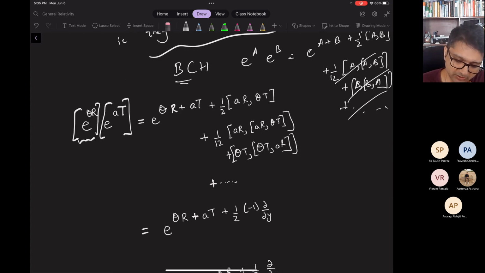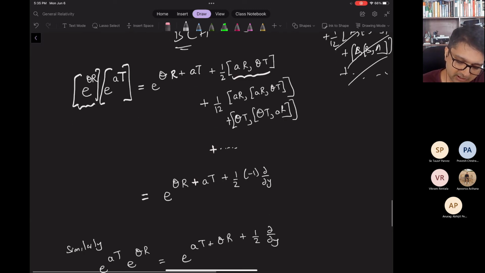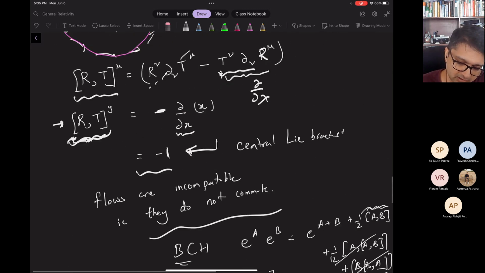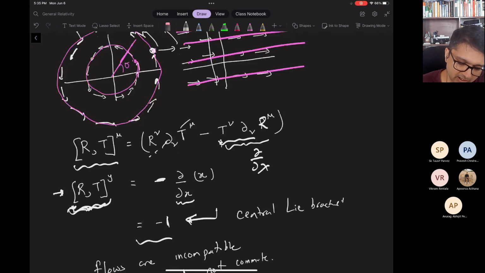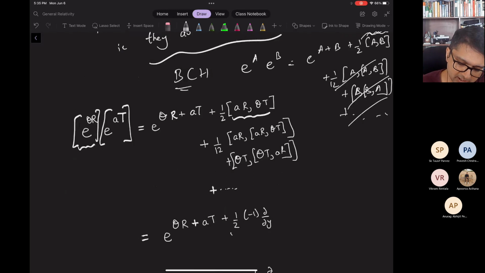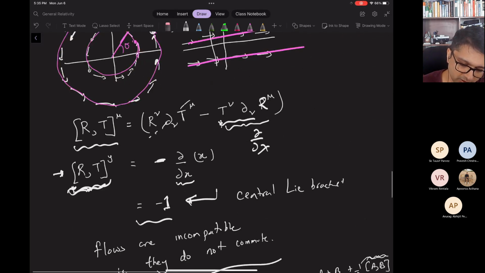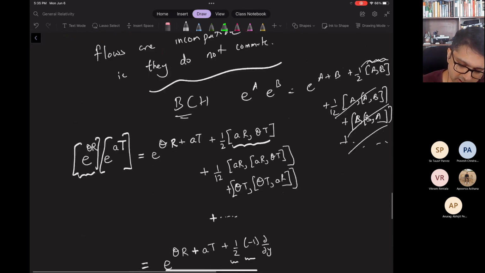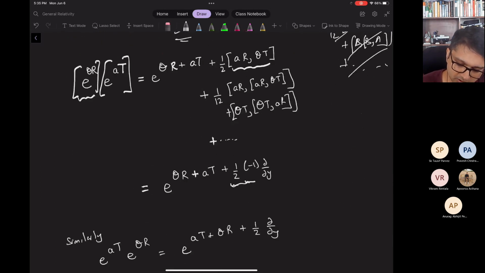So in this case, this is in the center. So A R comma theta t would just be, I'll pull out the A and theta, and what I get is this minus 1. So I get plus half minus 1, and only the y component is non-zero, so I get this operation, minus half partial y.